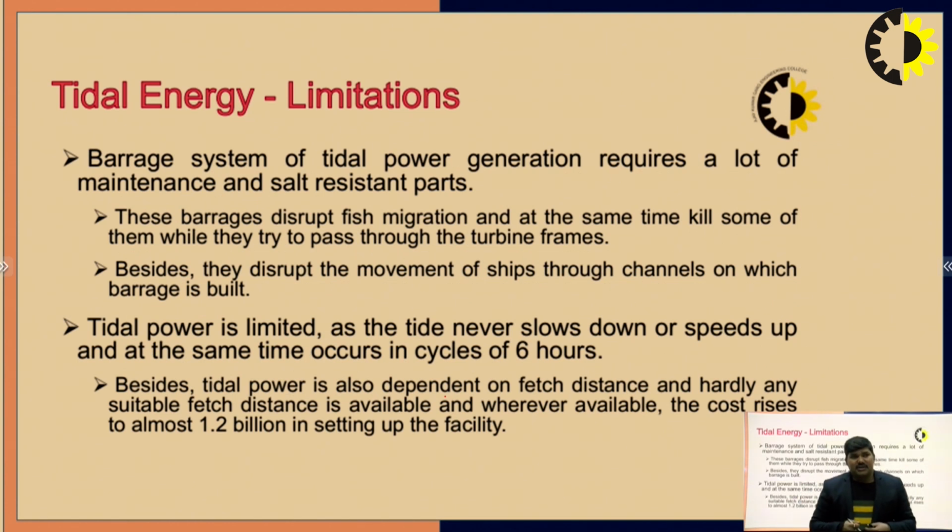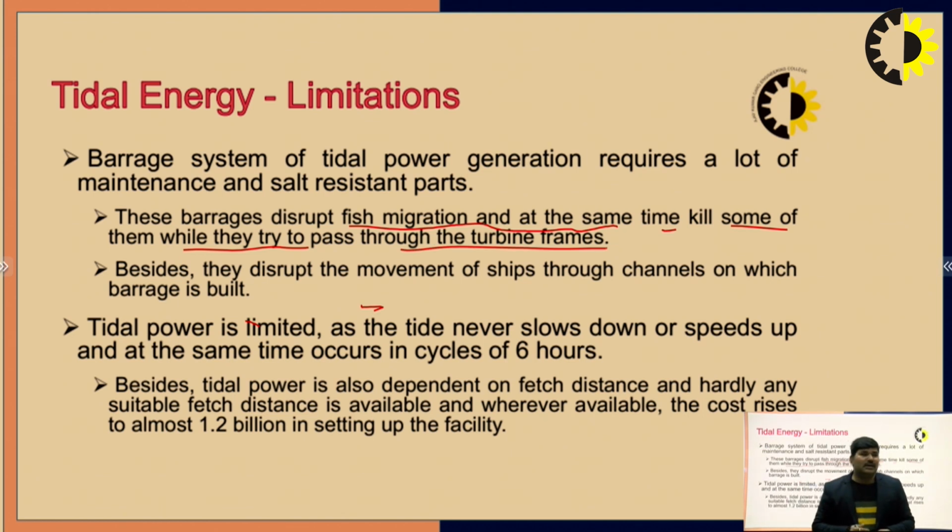Another limitation is that the barrage system of tidal power generation needs a lot of maintenance and salt resistant parts. These barrages disrupt fish migrations, and at the same time kill some of the fish while they try to pass through the turbine frame.